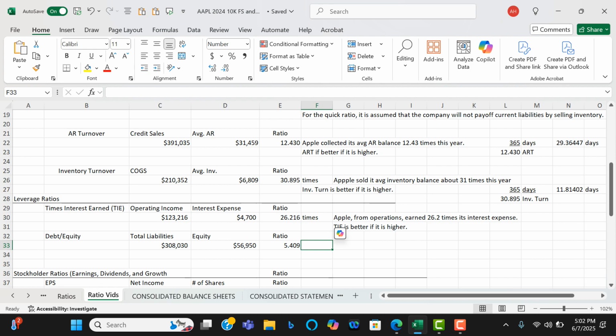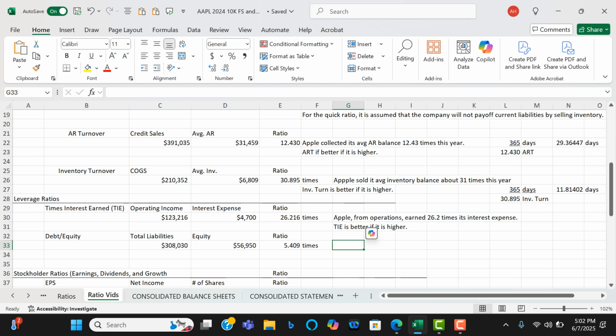Okay, and you can also label this as times. And what does this mean? You could say dollars, either one, but basically for every dollar of equity that somebody owns in the company, Apple owes creditors $5.41. So that's a very high ratio.